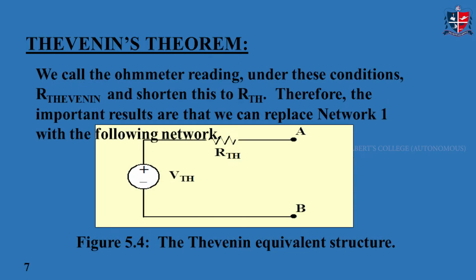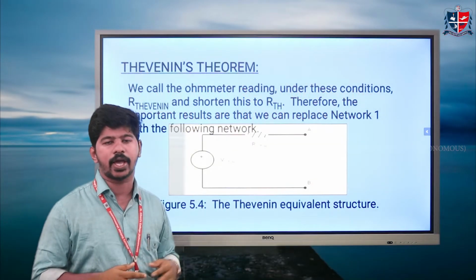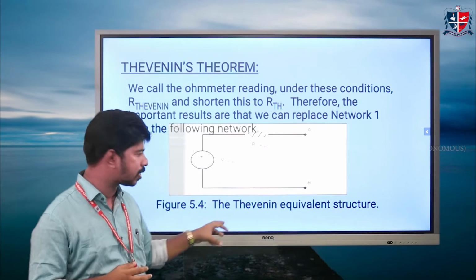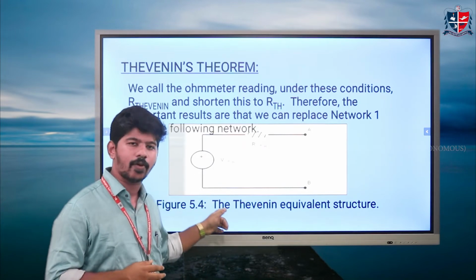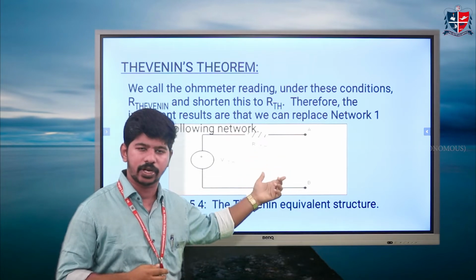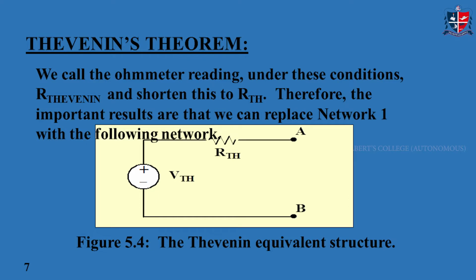So this is the equivalent circuit of Thevenin theorem, in which we are connecting a network which is replaced by a Thevenin equivalent circuit. And what does the Thevenin equivalent circuit consist of? It consists of a Thevenin voltage as well as a Thevenin resistance connected in series.